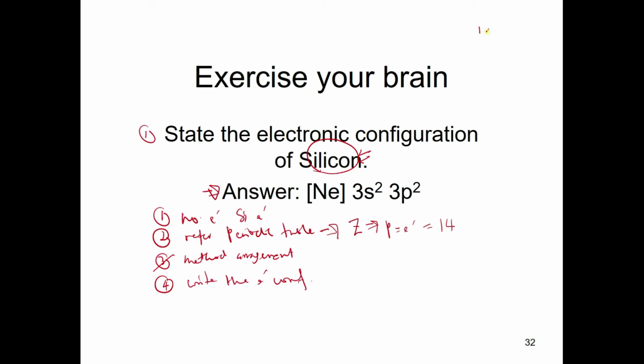It's simple. First, you write 1s, 2s, 2p, 3s, 3p, 3d, 4s, 4p, 4d. Then you draw the arrows in order to identify which energy level has the lowest energy, for you to locate the electrons based on the above principle.